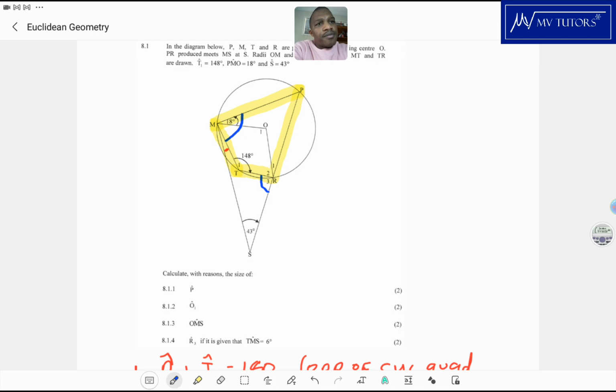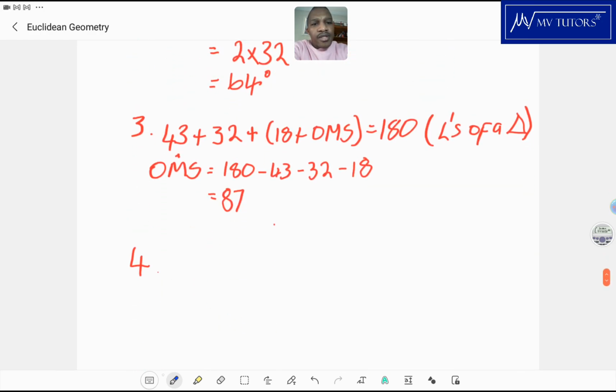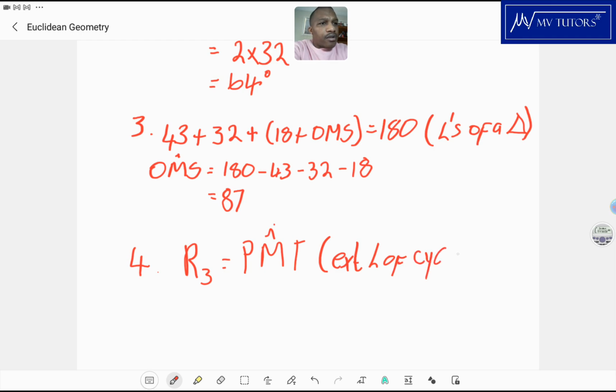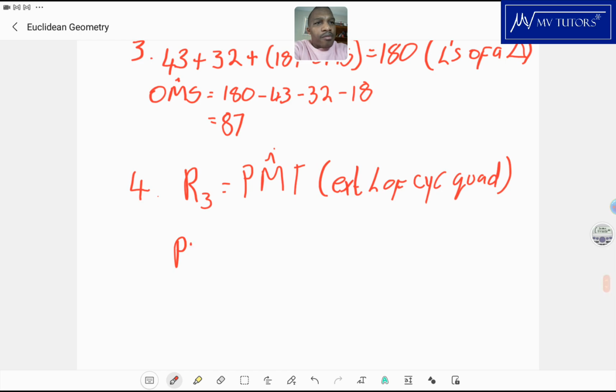That angle is actually angle PMT. So then I can go and make my statement here. First of all, I can say R3 is equal to PMT, and the reason is external angle of cyclic quad. There we go. Now all we need to do is solve the angle PMT.